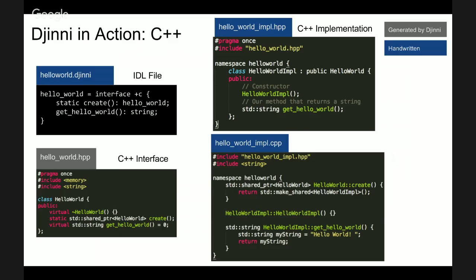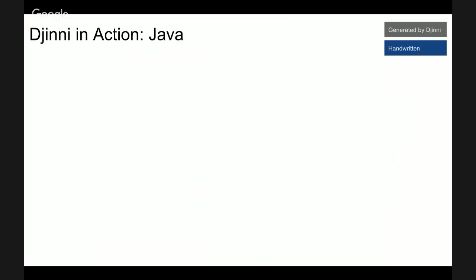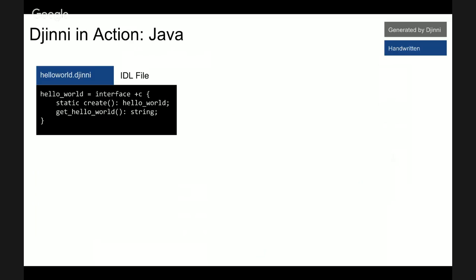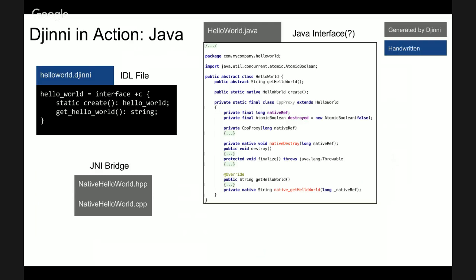Okay, so now let's look at the Java side of things. Again, we start with that same IDL file. We run it through Djinni, and Djinni will give us our bridge. I didn't even want to show you guys what that looks like, but just rest assured those files are not fun to even look at. From there, Djinni also gives us a Java file.